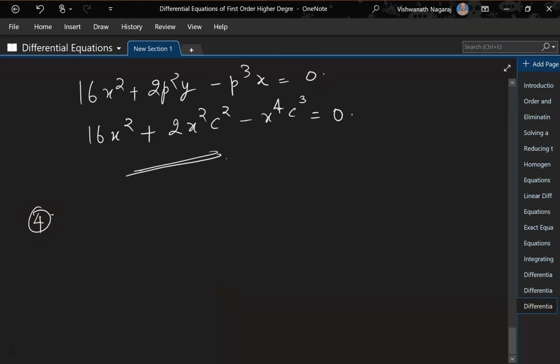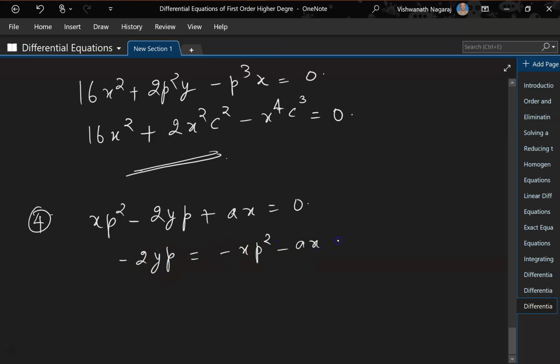Okay, let's look at the fourth one. xp square minus 2yp plus ax equal to 0. So minus 2yp is equal to minus xp square minus ax.